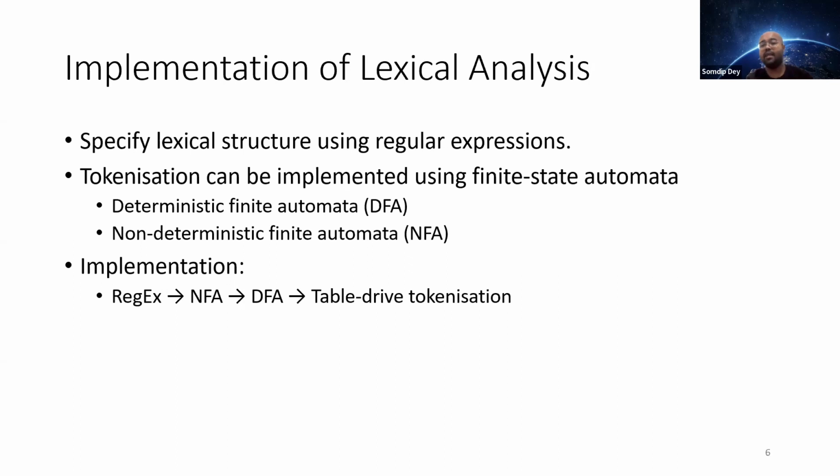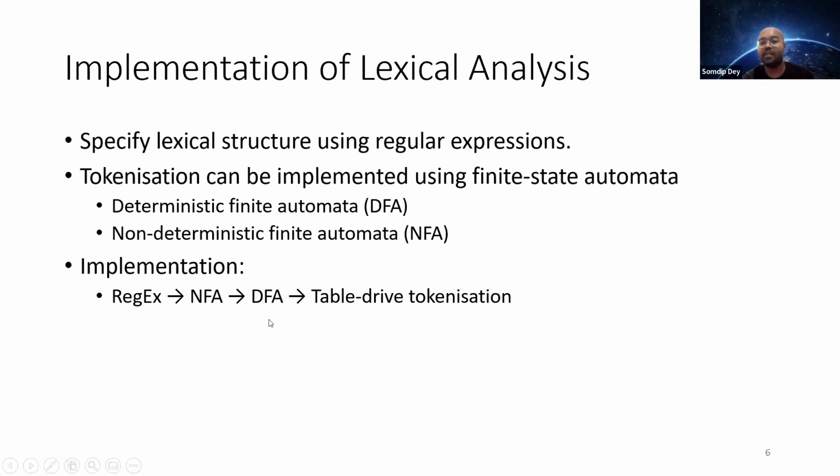And it comes in two forms: deterministic finite automata, or DFA, and non-deterministic finite automata, or NFA. Now, the implementation is something like this. You come up with the regular expression. The regular expression then creates the non-deterministic finite automata. Then the non-deterministic finite automata is processed further to create the deterministic finite automata.